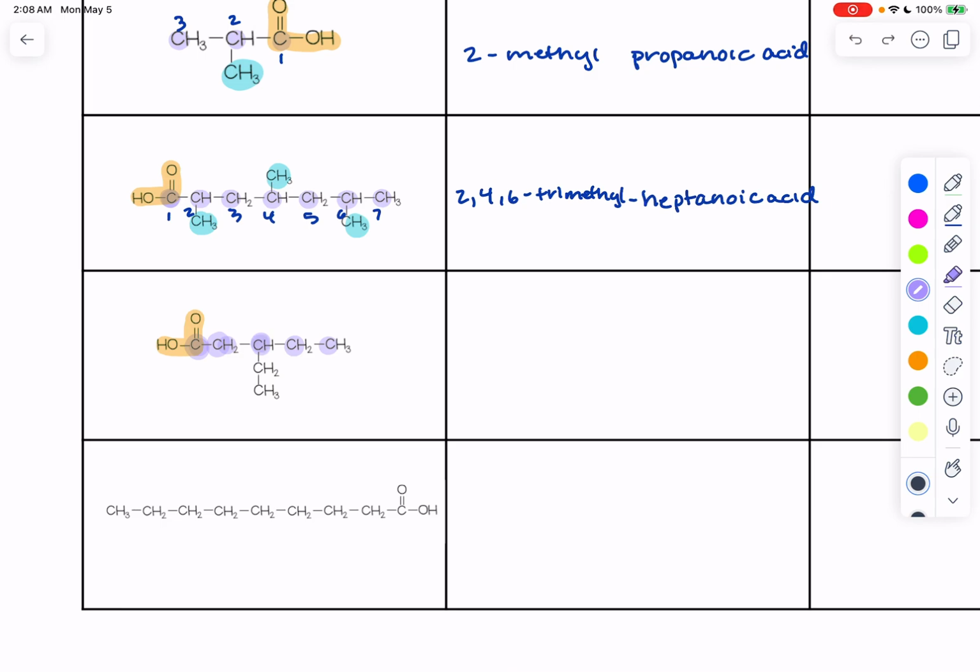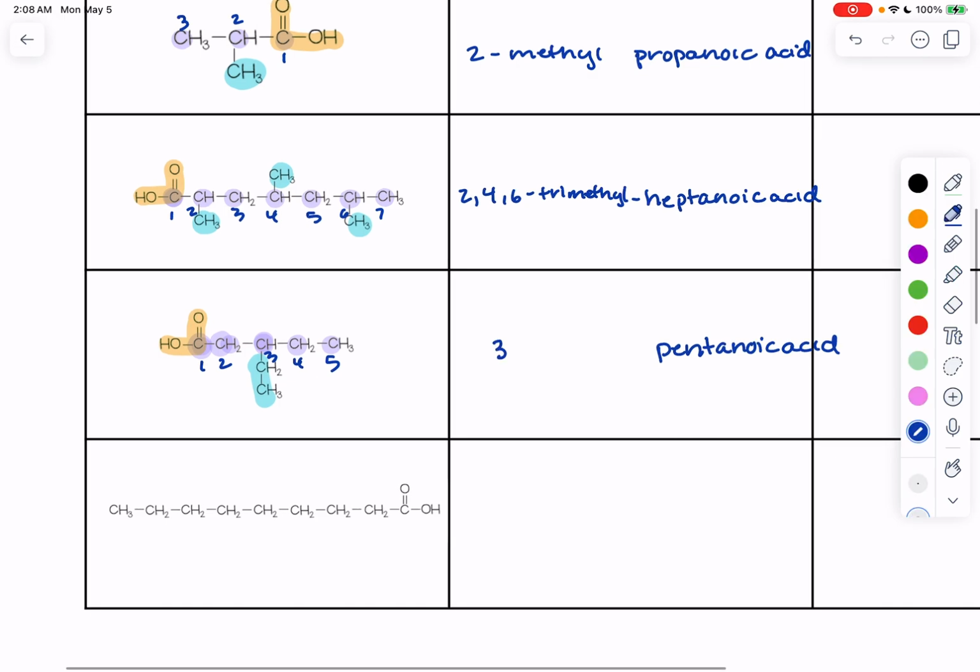So that's going to be pentanoic acid. All right, and what's hanging off of it? Right here at the 3 position, we have an ethyl group. So 3-ethylpentanoic acid.